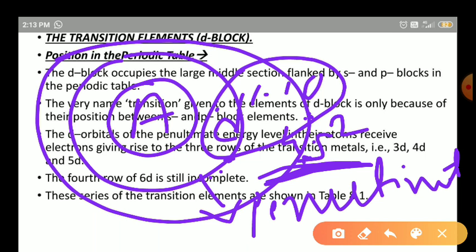The penultimate shells give rise to the three rows of the transition metals, and they exist in the 3d, 4d, and 5d shells.